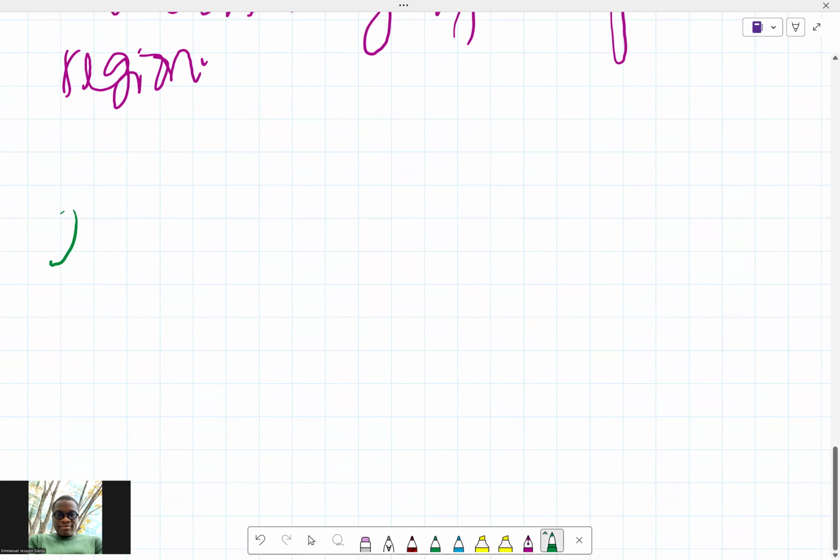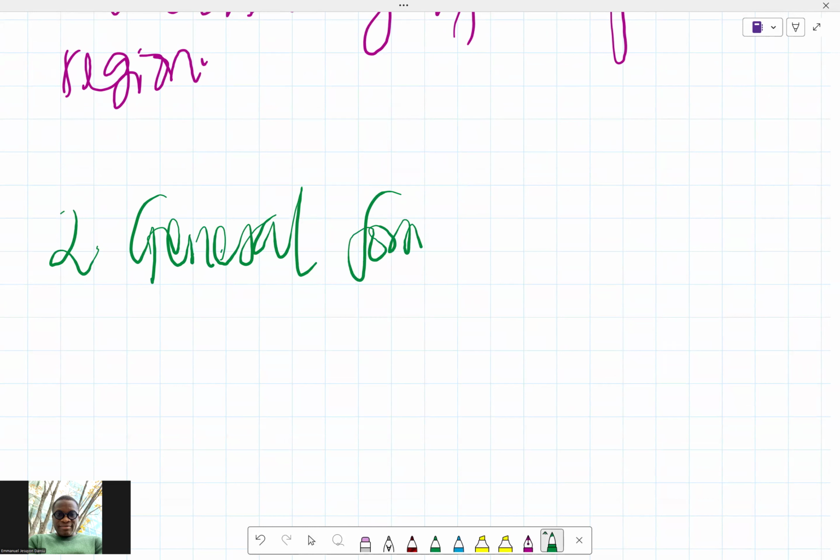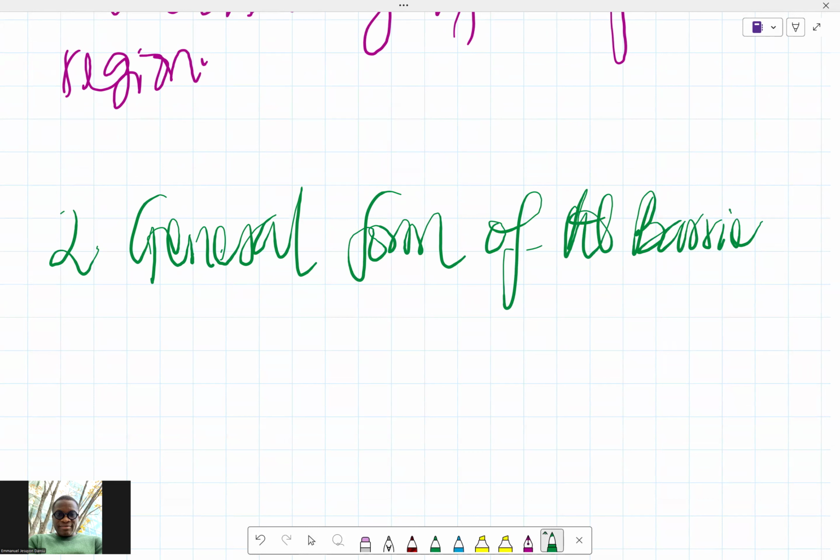Okay, so number two, let's talk about the general form of the barrier method.